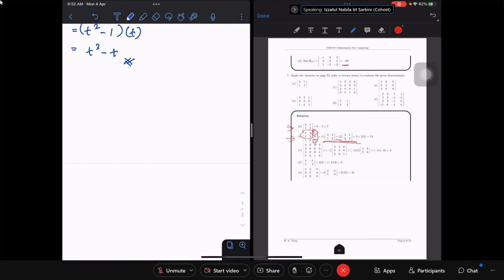wait, which one did they choose just now? If you choose, I think it's easier if you choose either the fourth row or the second row. The one with many zeros, it will be easier for you to calculate, right? Or in this case, they just choose rows as well. 420.